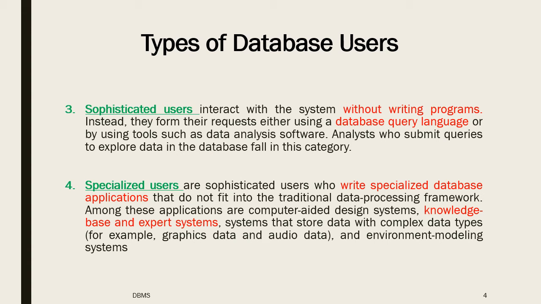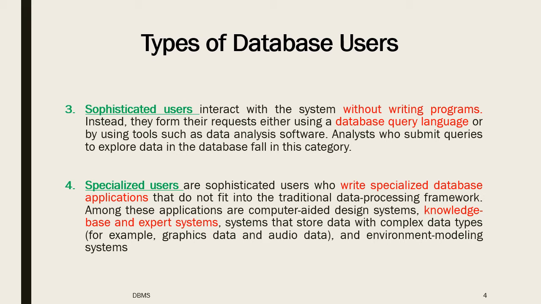The third type of user is the sophisticated users, who interact with the system without writing programs. Instead, they form their requests either using a database query language or by using tools such as data analysis software. Analysts who submit queries to explore data in the database are called sophisticated users.